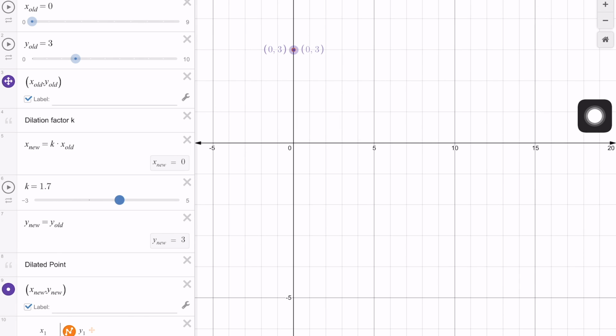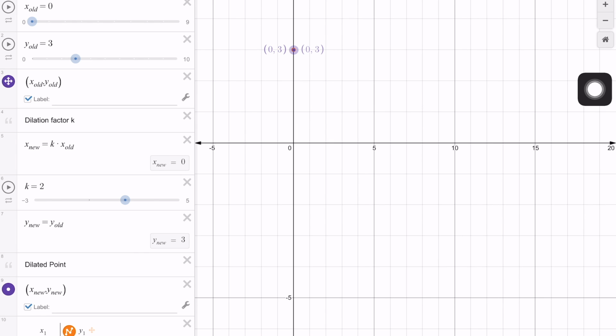It doesn't change however big or small the k is. Can you guess why that might be the case? In the previous case, it does increase depending on the k. But in this case, it doesn't do anything at all. It just stays there. Not very interesting. But the reason why we don't see any diverging away from the y-axis is because the x value, which we are multiplying with the k, is 0.